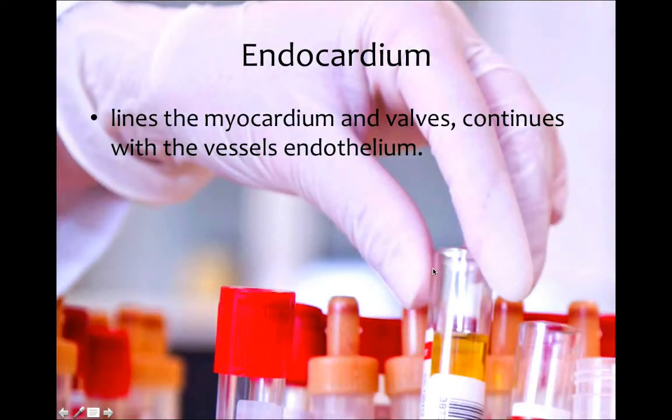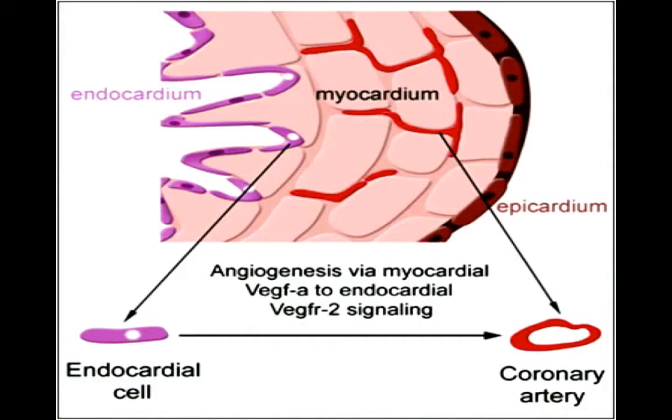Now, the endocardium lines the myocardium and the valves in the interior part of the heart. So it's the innermost layer of the heart over here. Think about this picture as: here's the anterior side, here's the interior side, here you have the visceral layer of the pericardium, here you have the myocardium and the endocardium.